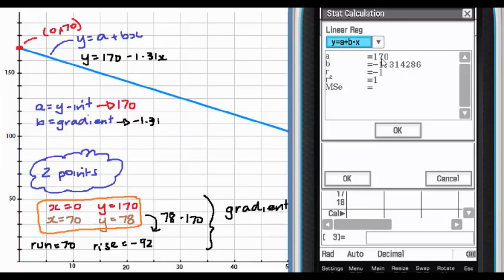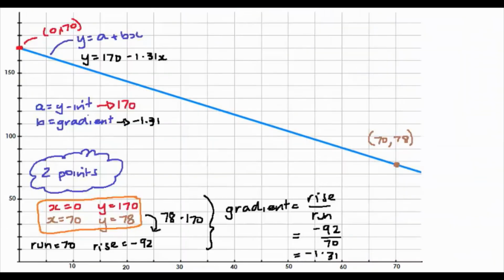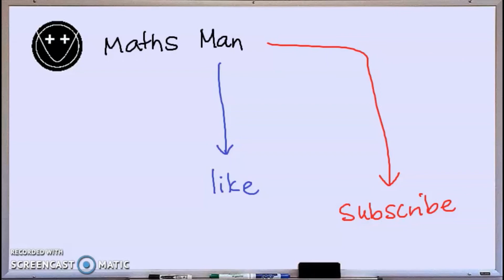I end up getting an equation where here it says a is 170, look at that, a 170, and b is negative 1.31, b is negative 1.31. So my calculator tells me that this equation is correct regardless which way I do it. So there's the big tick.